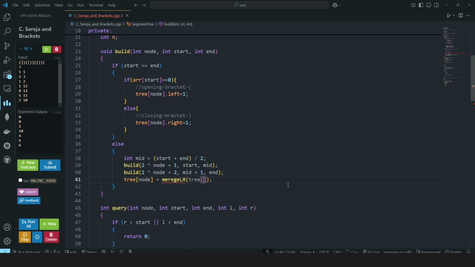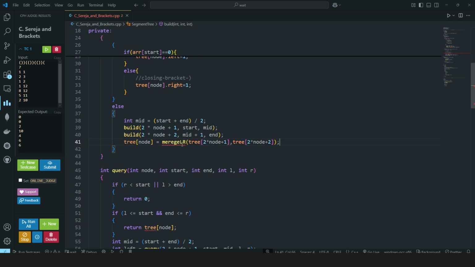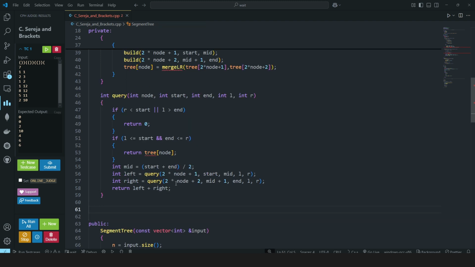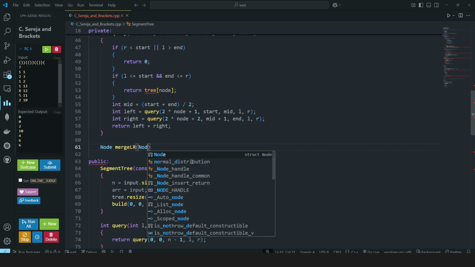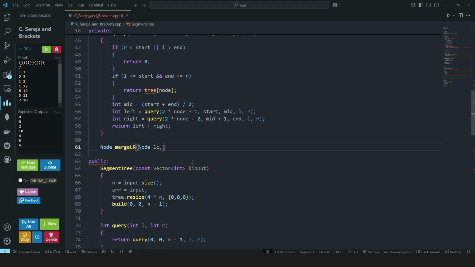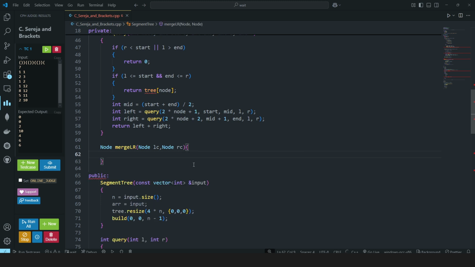I will say tree of 2 into node plus 1, and I will also pass tree of 2 into node plus 2, like this. Let me quickly write this merge function here. It will return a node type only, and let me name the first parameter the left child and the second parameter the right child, because they are the left and the right child, right?